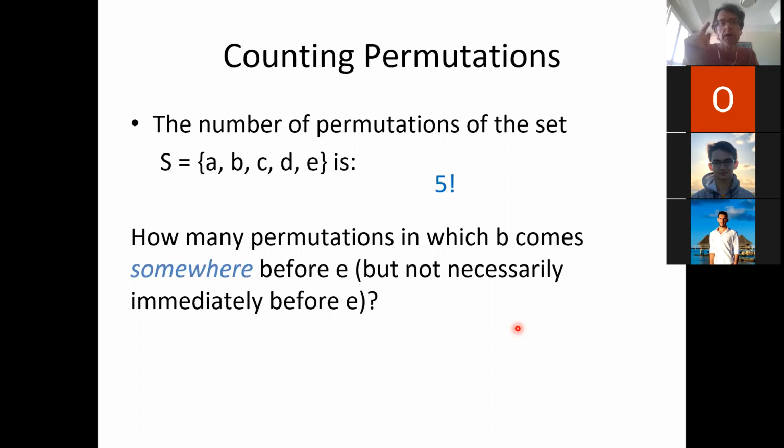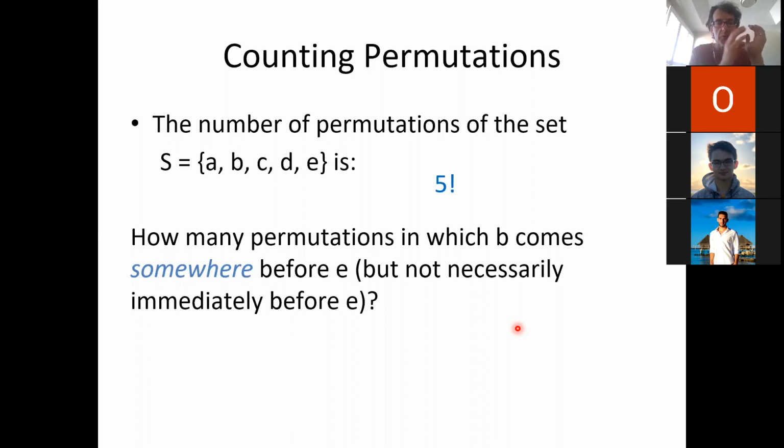For all 2-to-1, yeah. So take a permutation. Here is the function from permutations to permutations where B comes before E, right? So all permutations, this is my argument set. Permutations where B is always before E, this is my value set.